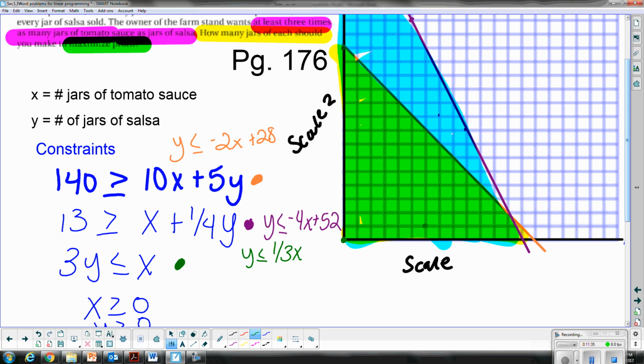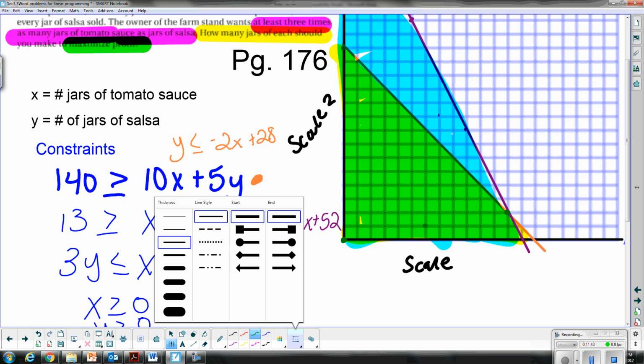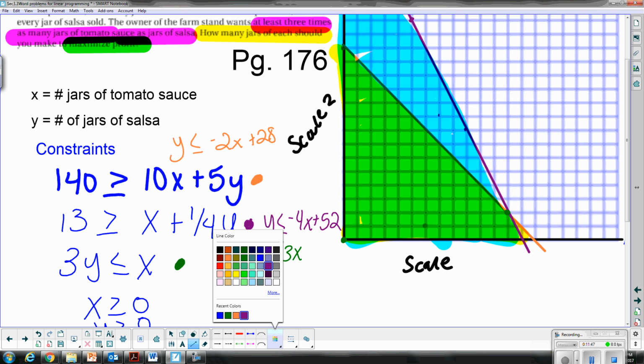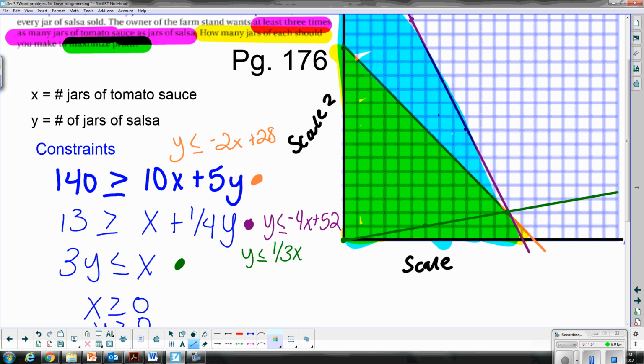And then if I choose 12, that's really the point I'm looking for. Okay, and then it is y is less than or equal to 1/3 x.